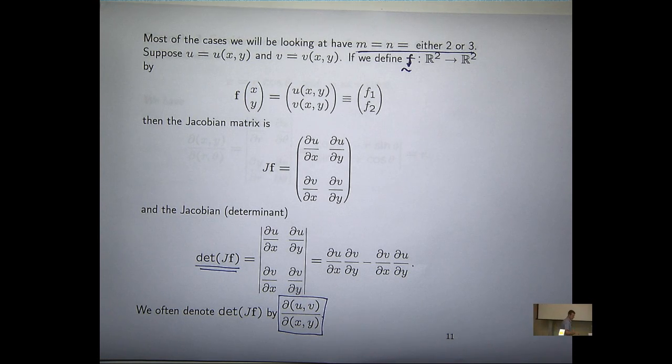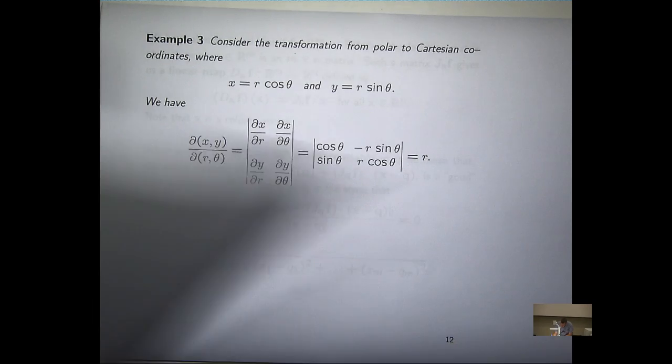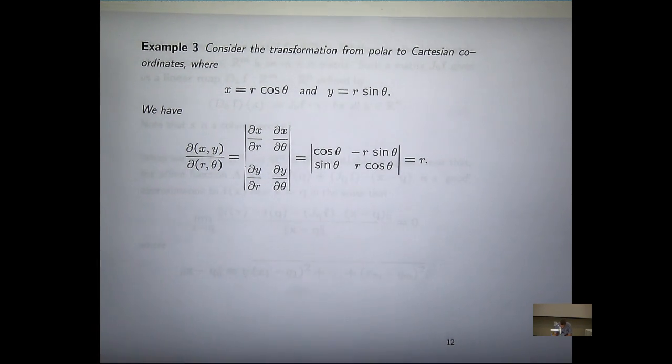Okay, so let's look at another example. This one involves polar coordinates.